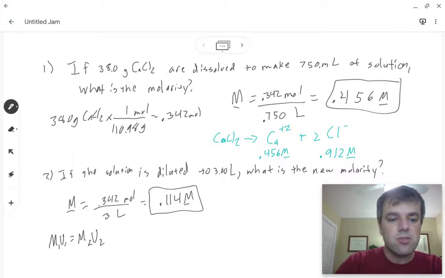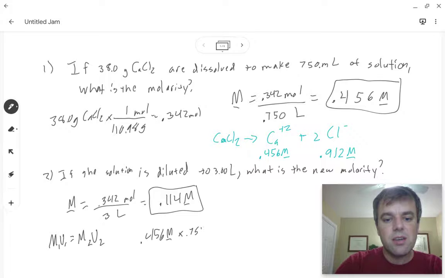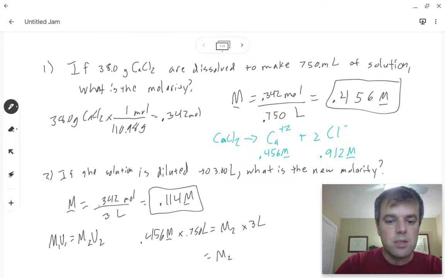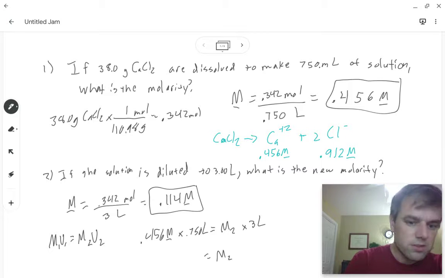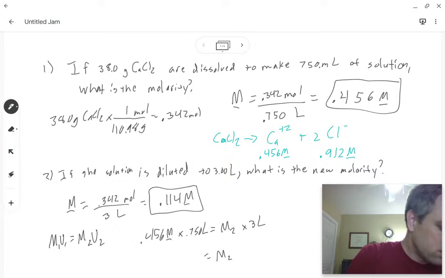So our initial molarity was 0.456, and we had 0.750 liters, and that equals our new molarity times our new volume, where M2 equals 0.456 times 0.750 divided by 3.